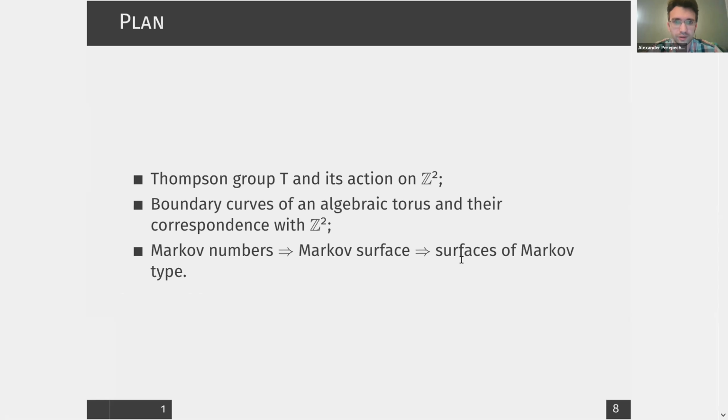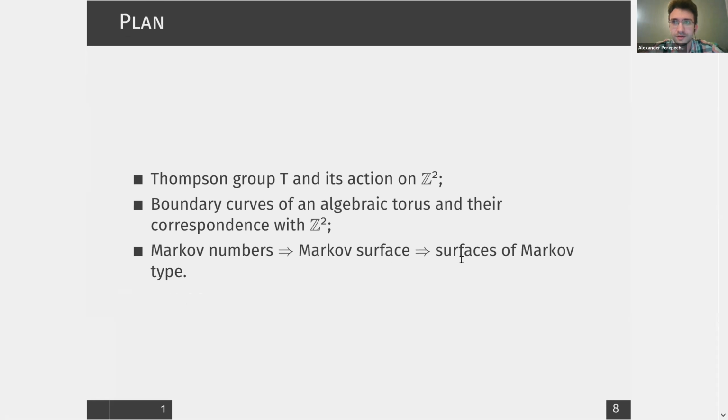So I hope you see the slides. The first object is the Thompson group T of transformations of a unit circle, and its action on the lattice Z squared. The second object is the boundary curves on an algebraic torus, in particular on an algebraic surface, not necessarily a torus, and again the correspondence to Z2.